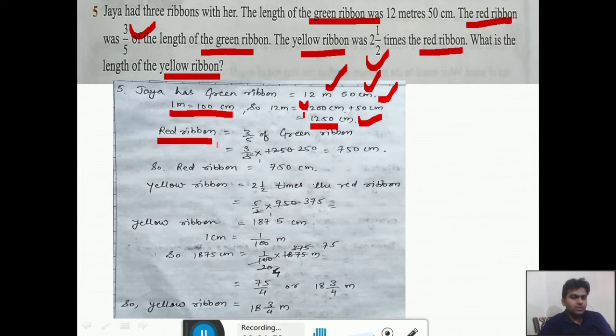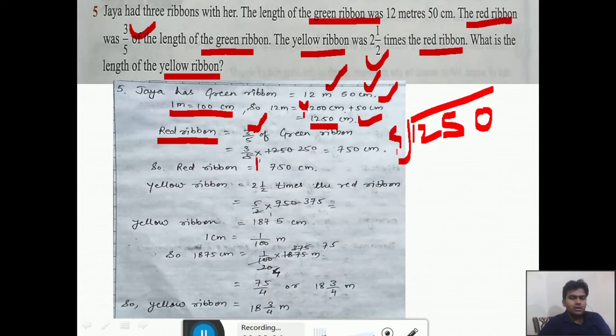Now how to get the length of the red ribbon? By multiplying 3/5 into the length of the green ribbon. So multiply 3/5 into 1250. We can simplify this 5 and 1250. 5 ones are 5, and when we divide 1250 by 5, we get 250.